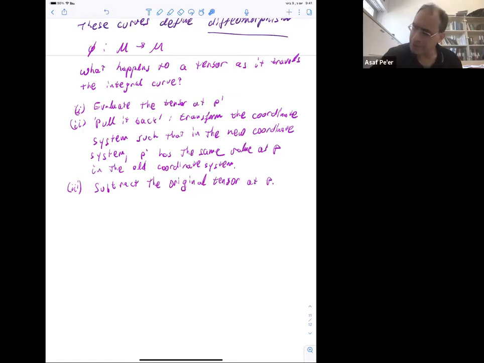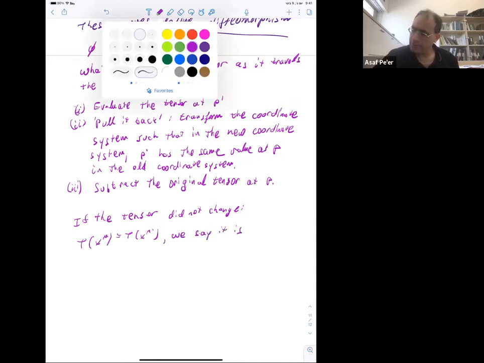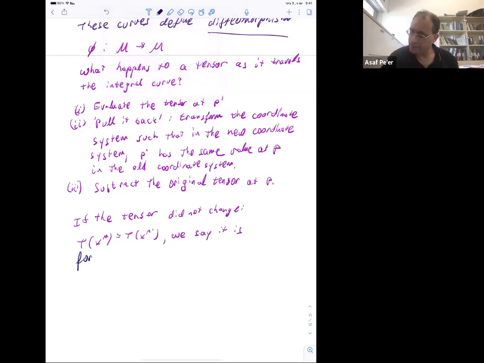Right? If the tensor did not change, so T of x mu is T of x mu prime, we say it is called form invariant, or simply invariant.